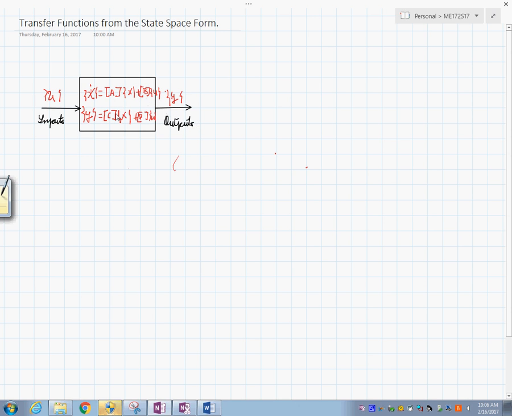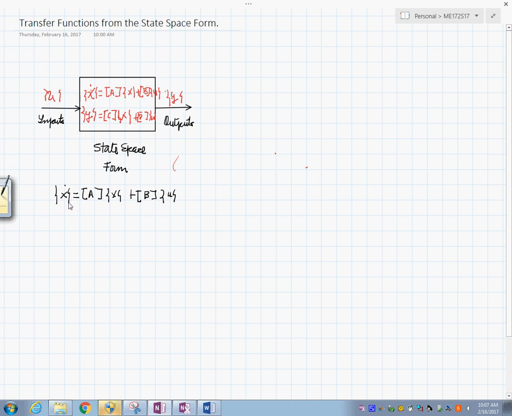Okay, so you have a system that has been defined by this. This is called state space form. So you have it that x dot is equal to the matrix A times the vector x plus the matrix B times the vector u.